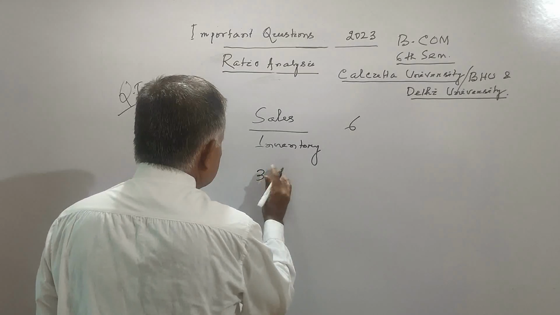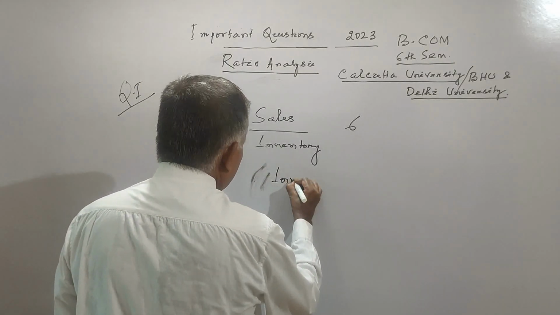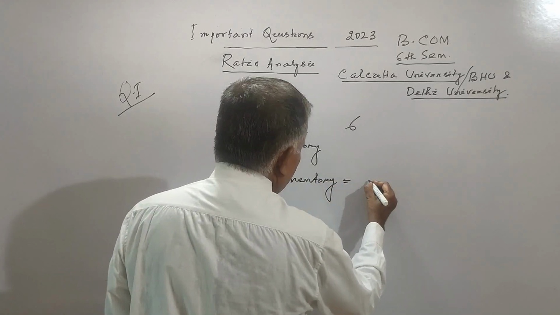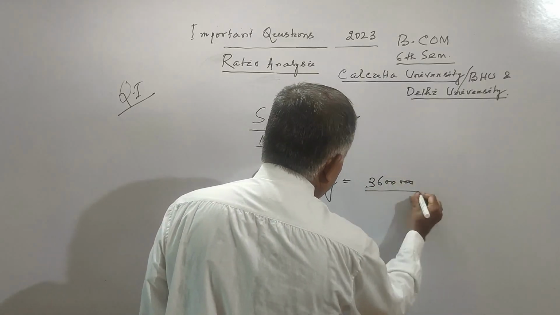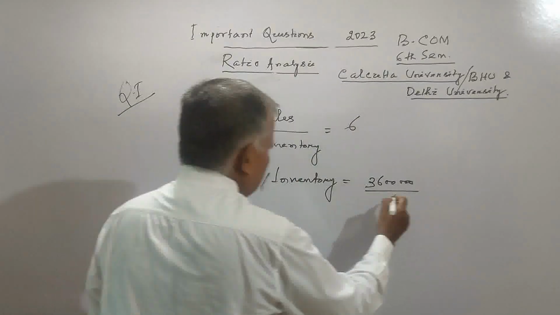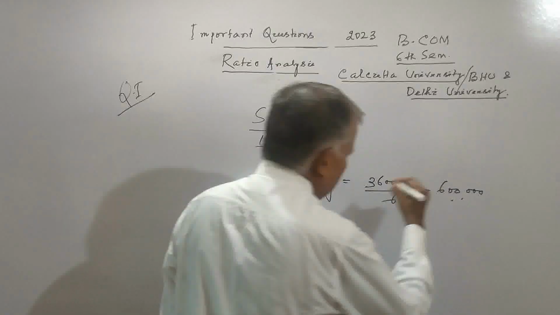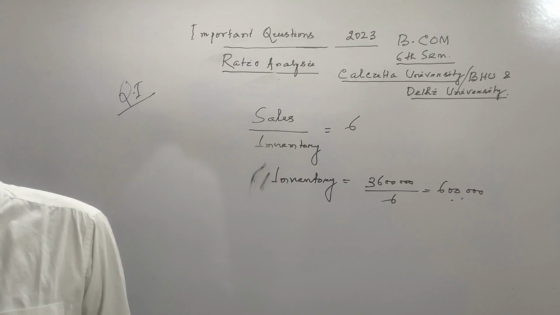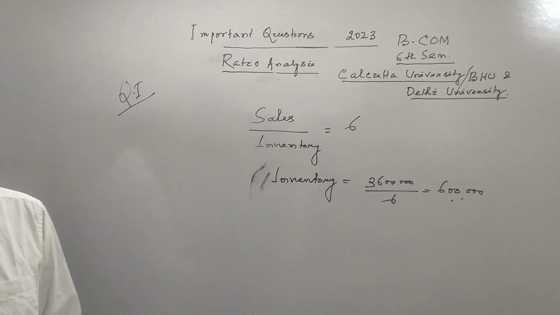So sales is 36 lakh. Inventory means stock. Inventory is equal to sales 36 lakh divided by 6. The 6 will come here, inventory will go there. So it comes to 6 lakh. That is your inventory.